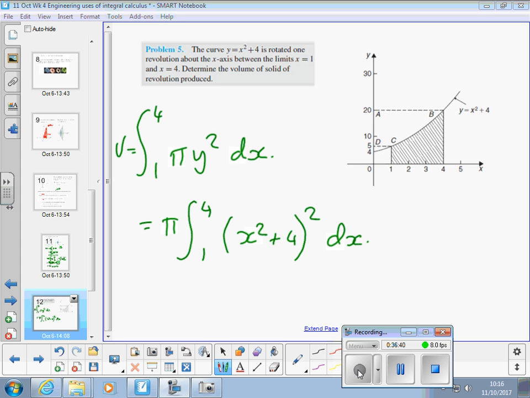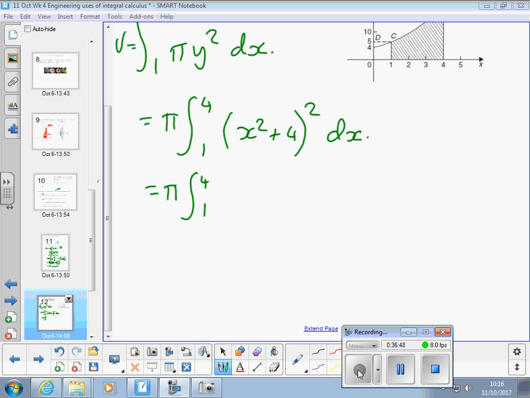Yep, so the brackets multiplied out. Pi, 4 and 1, and the brackets multiplied out, Jake, are? Plus. Everyone agree with that? Yeah.